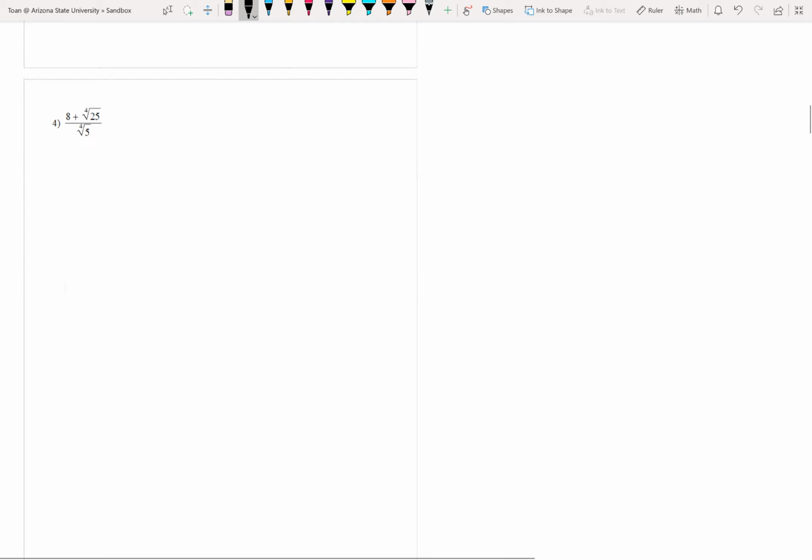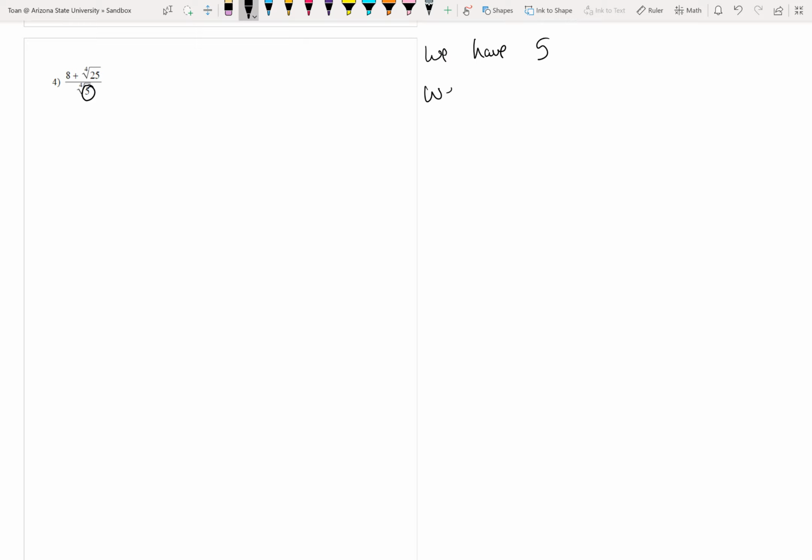Number 4 is the same concept, except instead of a square root, we now have a fourth root. Well, we know that an exponent of 4 will cancel out the fourth root. So look at what we have here. We have a 5. We want to cancel out that fourth root, so 5 to the 4th power, which is just 5 times 5 times 5 times 5.